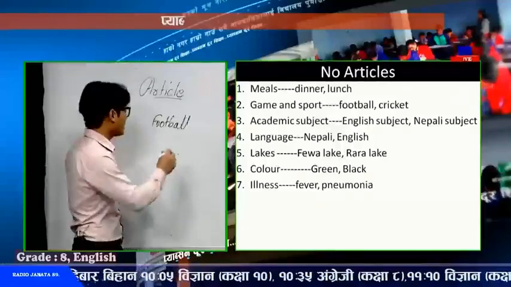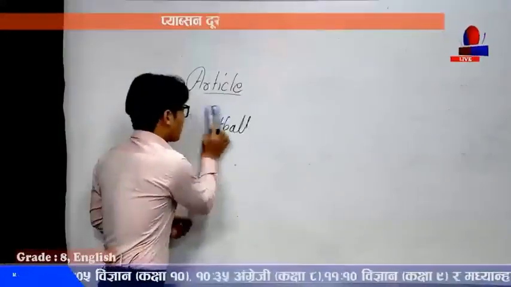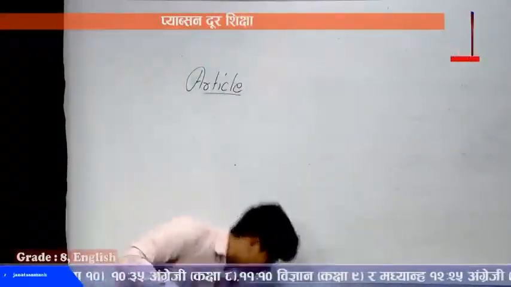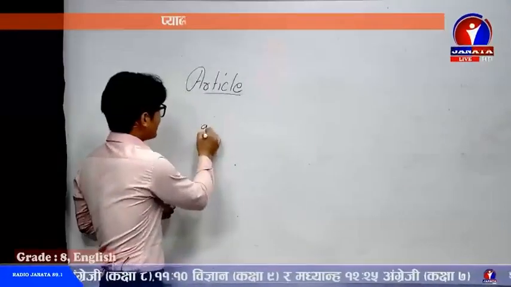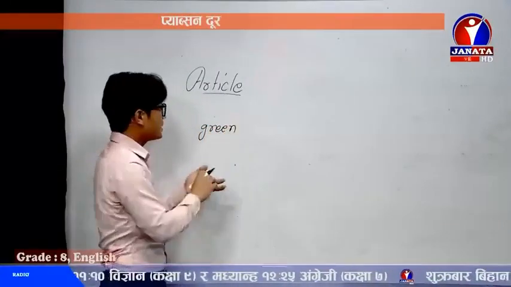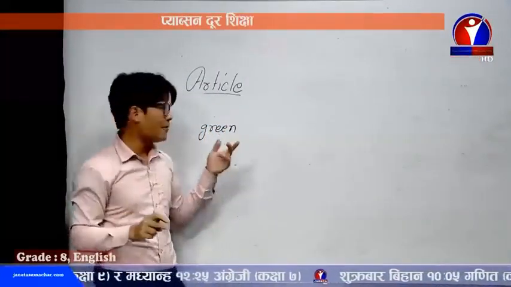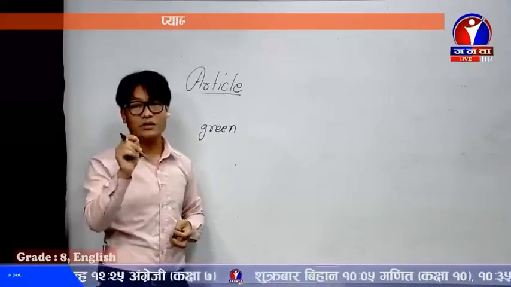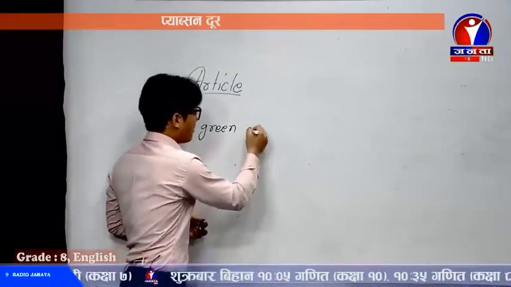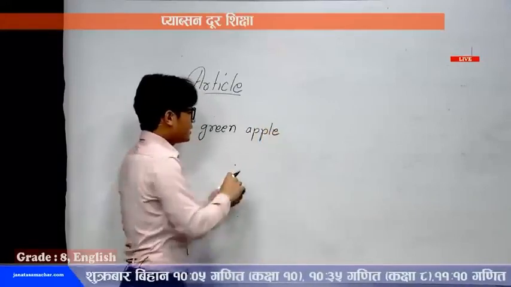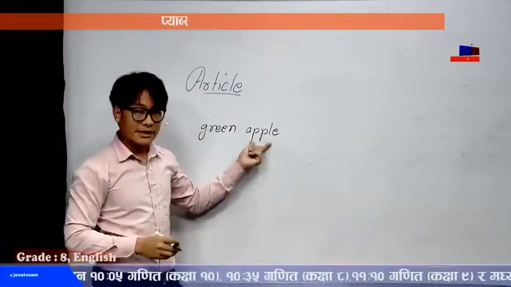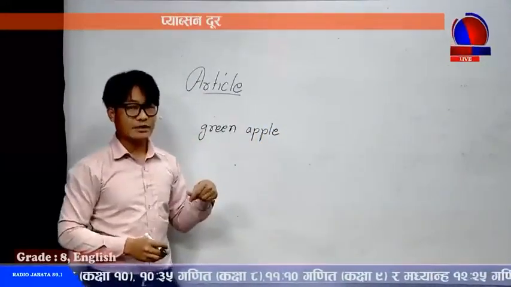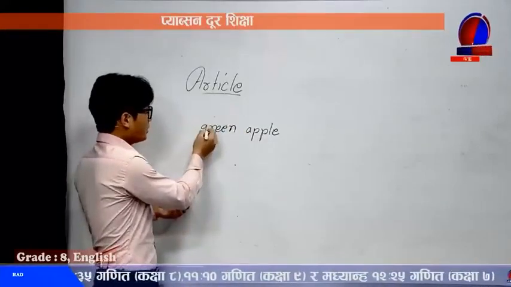But let me give you another example. Suppose here is green. This is a color, so we don't use any article. But after green, if there is a singular countable noun like green apple, then we should use an article.